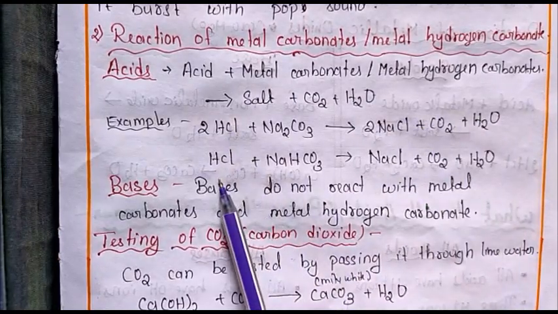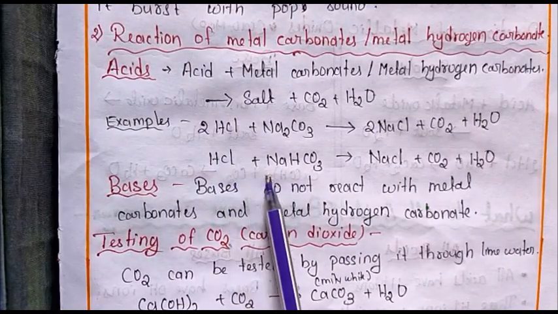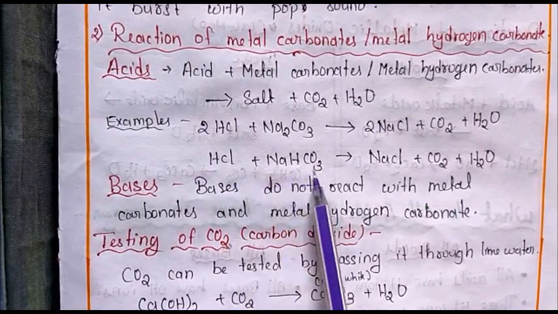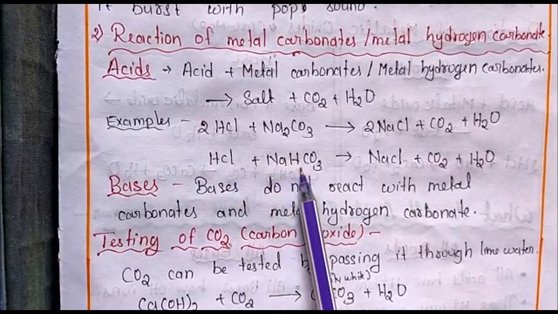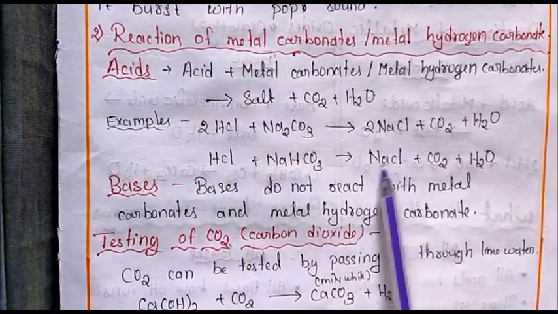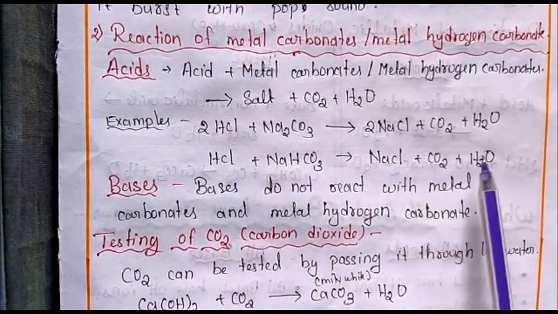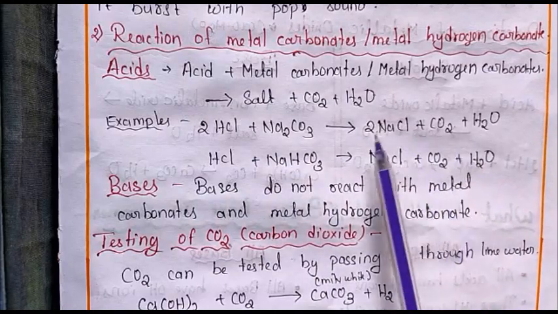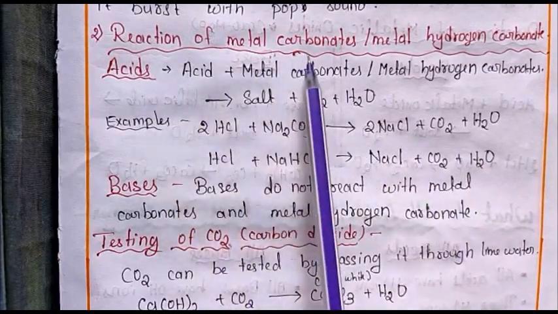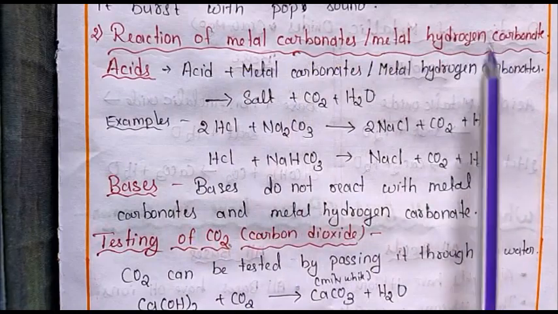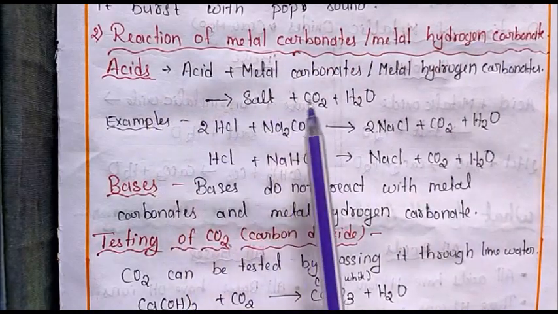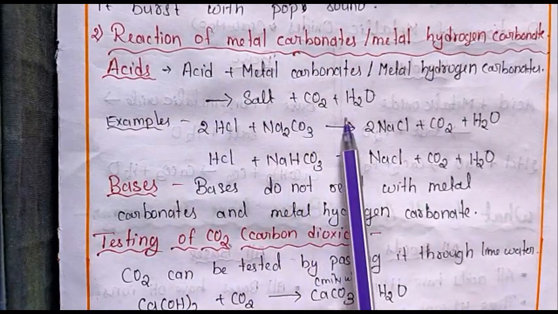Another example, hydrochloric acid plus NaHCO3, sodium hydrogen carbonate. It produces NaCl, salt, plus CO2, carbon dioxide, plus water. See, when metal carbonate and metal hydrogen carbonate react with acid, it gives salt, carbon dioxide gas and water.